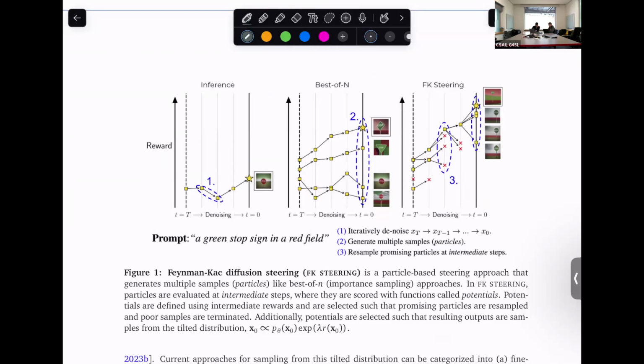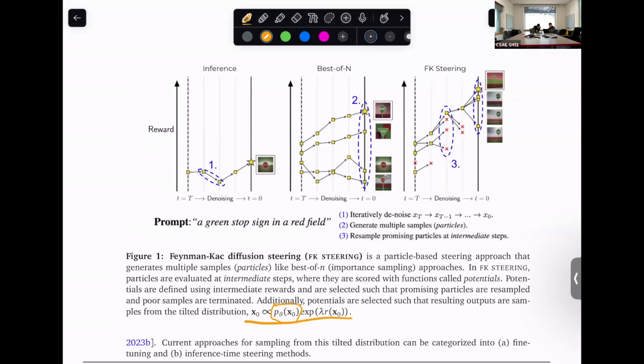So the overarching point of this paper is inference-time steering in some kind of principled way. And the idea is that we're working, as Hannes is highlighting, with this kind of tilted potential. We've trained some model, this model p_theta of x0, this is your diffusion model, your flow model, what have you. And at inference time, we actually care about biasing it via this tilt toward this reward function.